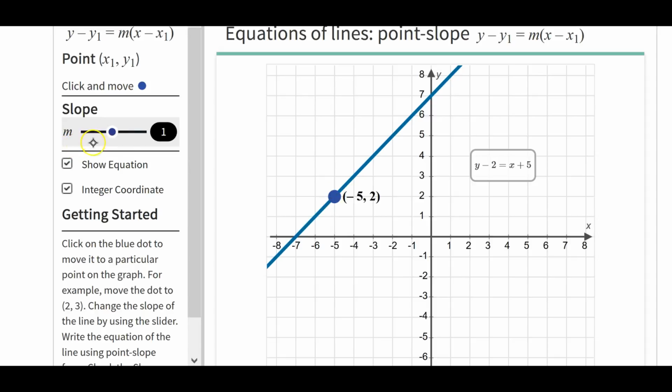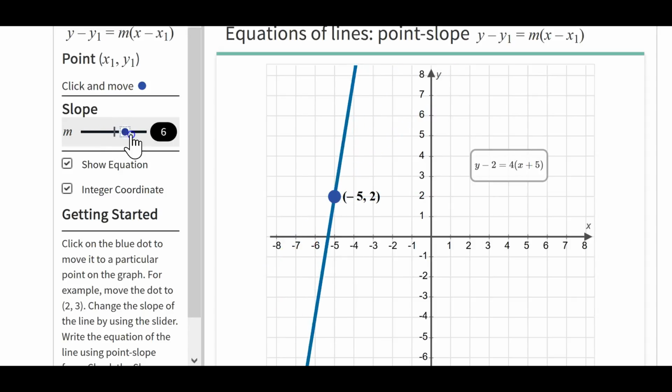And then here is the slider. This dot will slide, and I want to make it 7, which is a pretty steep slope for a paper and pencil line. Now, the question is about which of 4 points belongs to this line.